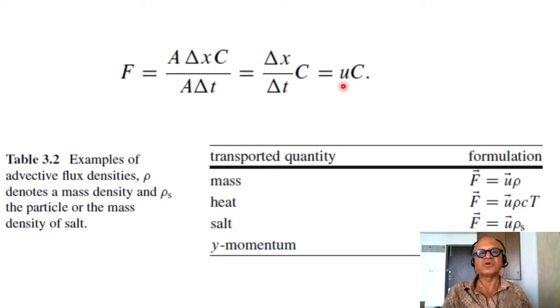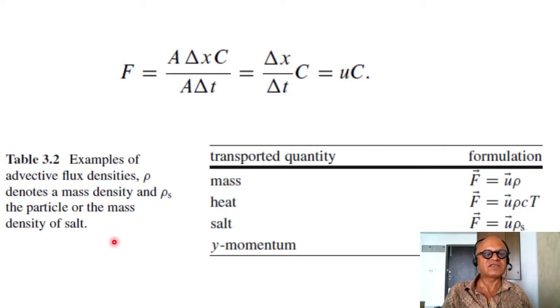So that gives us the term uC. It's a very simplified way of deriving advection by a fluid moving at speed u, of some concentration of the material C.